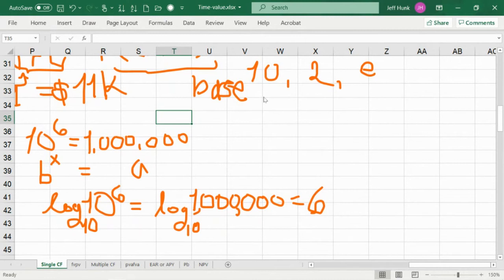Any number can be logged, like 13.75. But it's not easy to mentally calculate or visualize it. Base 10 log of 13.75 is possible, but the human brain cannot easily calculate it.